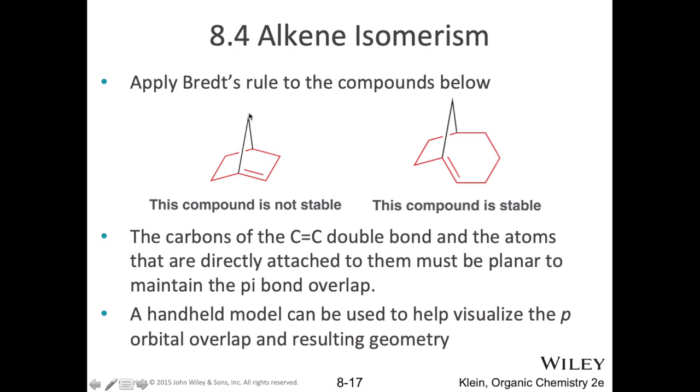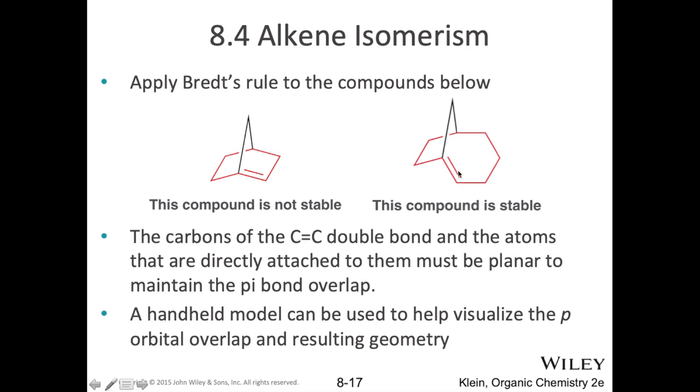So you can see here we have a 6-membered ring including our alkene, and so we know that this is not going to be stable. But here we have an 8. Actually, wait, 1, 2, 3, 4, 5, 6, 7, 8. Yep, we have an 8 carbon ring with an alkene, and again, notice that our carbons here are trans, right?